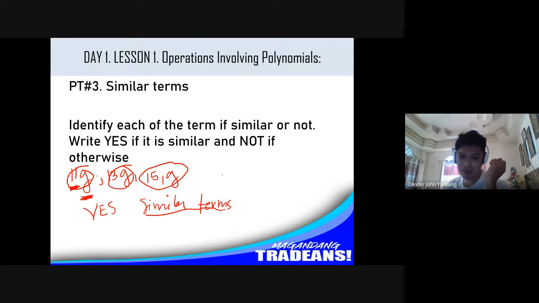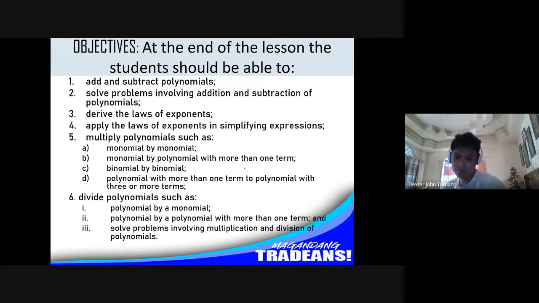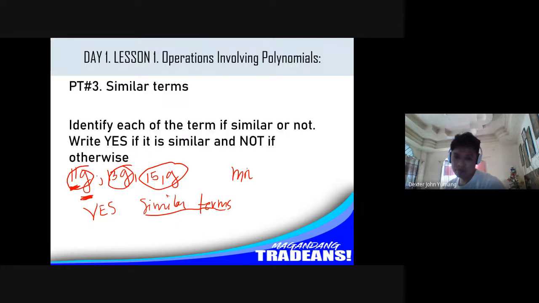Another example. Another example is we have MN, 2MN, 3MN. Okay? Ano po yung pareho ba sila ng literal coefficient or yung apelyido na tinatawag, MN?